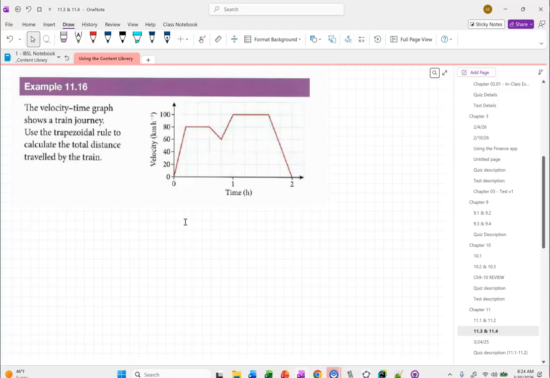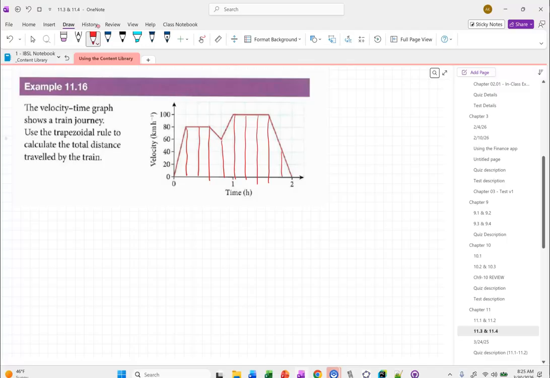So the velocity time graph shows a train journey. Use the trapezoidal rule to calculate the total distance traveled by the train. Okay. So basically, I'm just going to slice these like that.